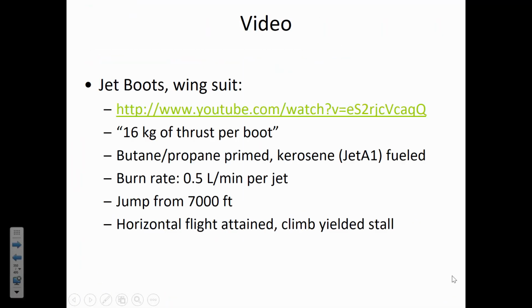All right, so here's the specifications. He's got 16 kilograms of thrust on each boot, and it was primed with a mixture of butane and propane, but then that was like a refined kerosene.